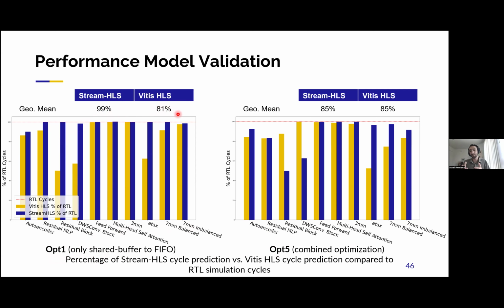Vitis HLS estimates for dataflow designs is usually not accurate because it cannot determine the level of concurrency between dependent nodes. And then when we add all the optimizations and the parallelization, our estimations drop a little bit, but it's also comparable to Vitis HLS.